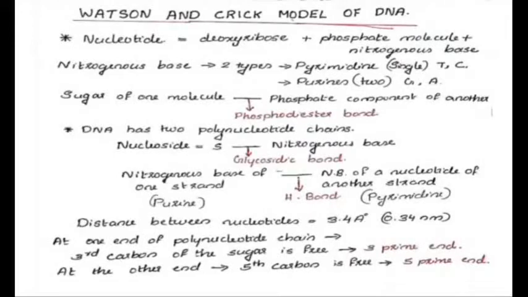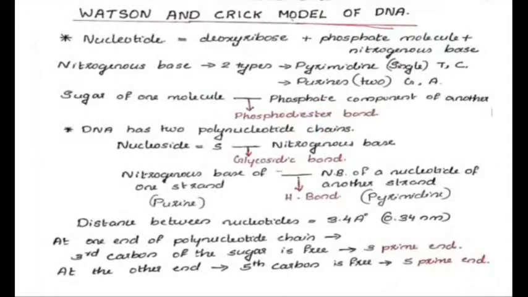Many nucleotides are linked together to form a polynucleotide chain. Two nucleotides are joined by a phosphodiester bond. It is formed between the sugar of one nucleotide and the phosphate component of another nucleotide. Hence, the nucleotide linkage is a phosphodiester bond.